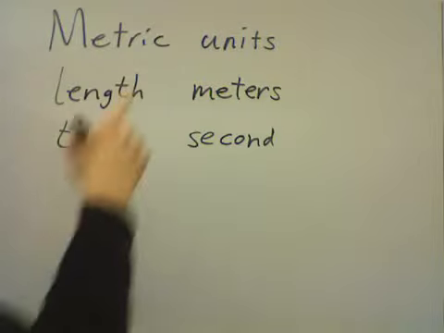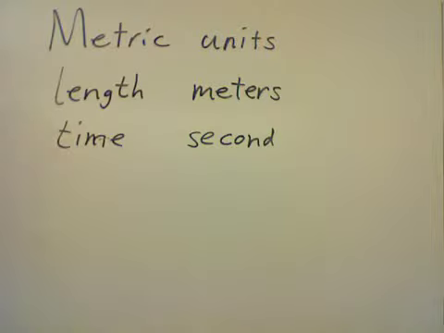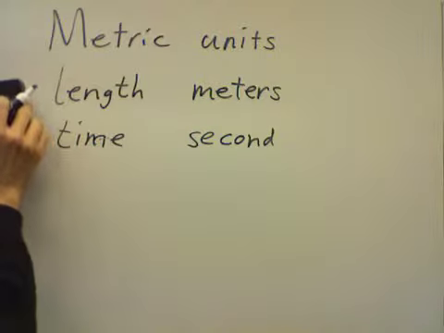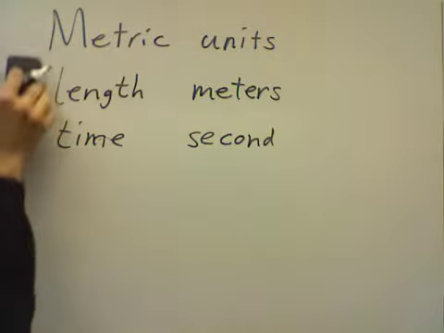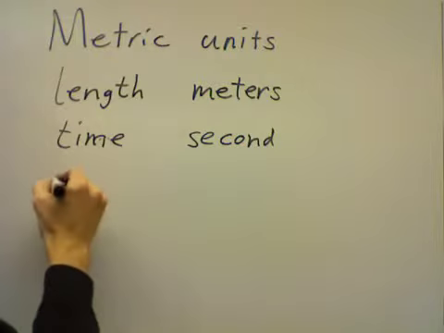But first let me point out how you can measure large things and small things very conveniently with meters or seconds. For seconds you would use short times or long times. Let me finish this list here first of all.